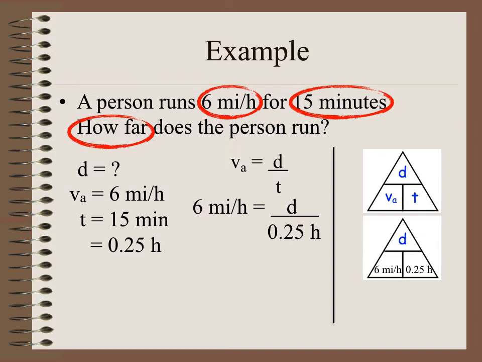We have to multiply both sides of the equation by 0.25 hours. Notice in that case, when you multiply, the hours will cancel and we'll be left with miles. If we use the triangle, we can see that the 6 miles per hour and the 0.25 hours are right next to each other. So we'll be multiplying. We get a final answer of 1.5 and our unit is miles.